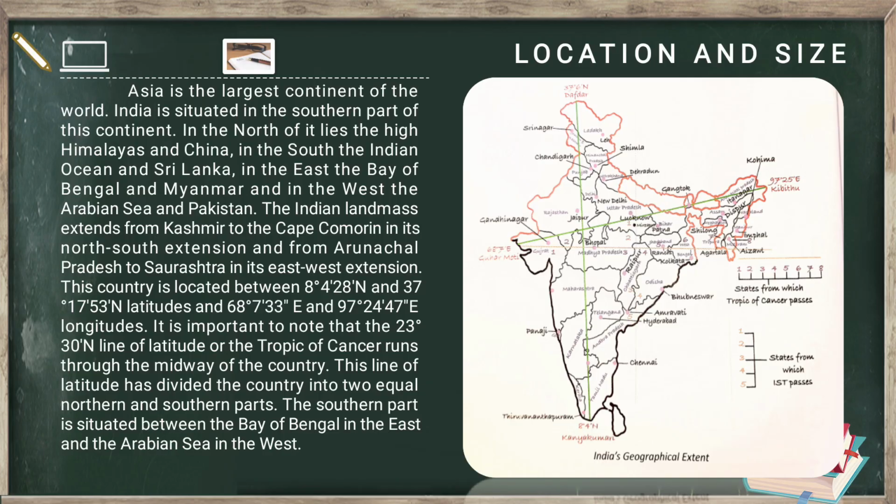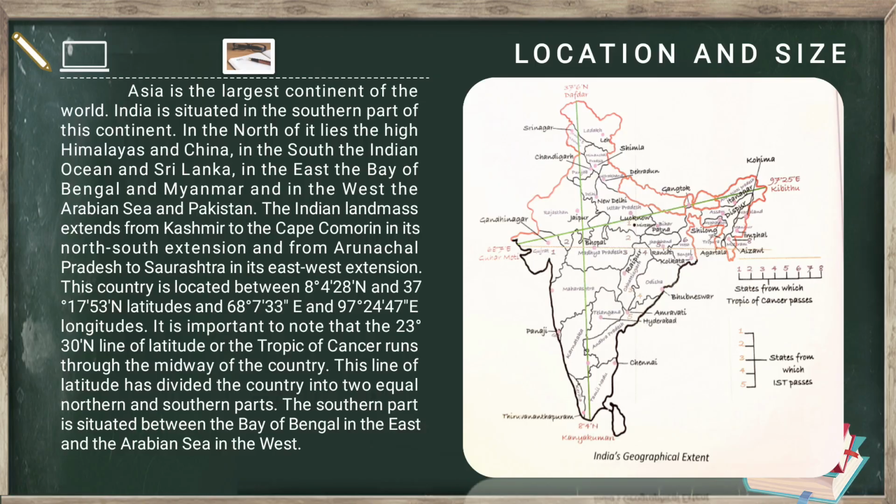So this line you have to remember, very important: 23 degree 30 minute north line of latitude is called the Tropic of Cancer, and it runs through the middle of our country and divides our country into two parts, northern and southern.